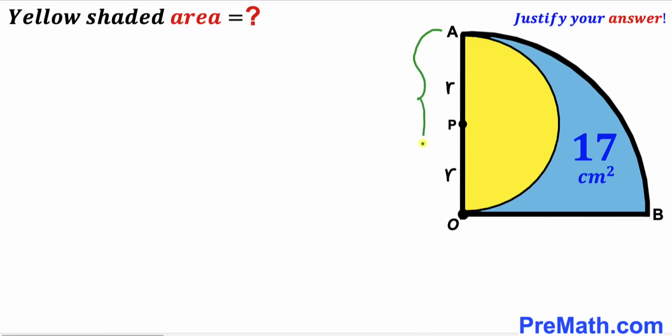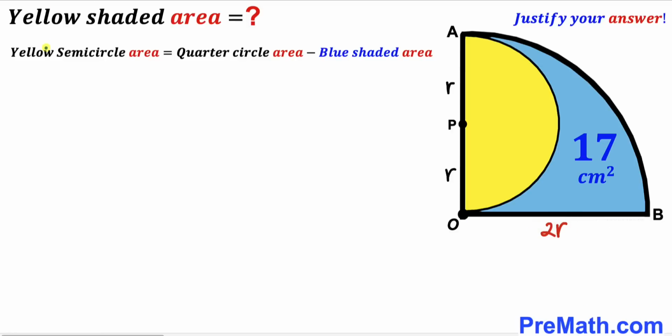We can see this whole AO is the radius of this quarter circle, and this whole radius is going to be r plus r, which gives us 2r. So the radius of this quarter circle turns out to be 2r.